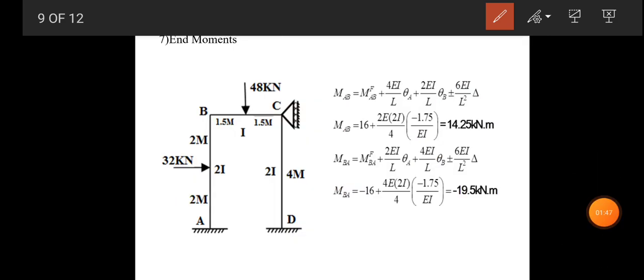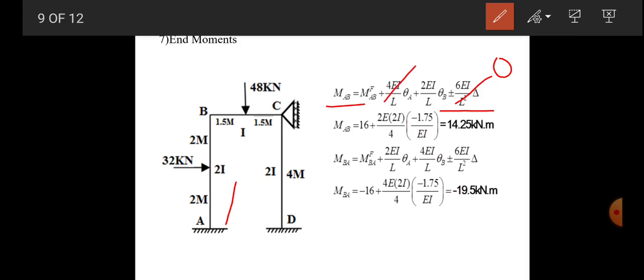Now let's find out the end moments by using the slope deflection equation. Consider the first column AB. Now the formula, we know that MAB is equal to MFAB plus 4EI by L theta A plus 2EI by L theta B plus minus 6EI by L square into delta. Now delta is 0 here, non-sway frame.